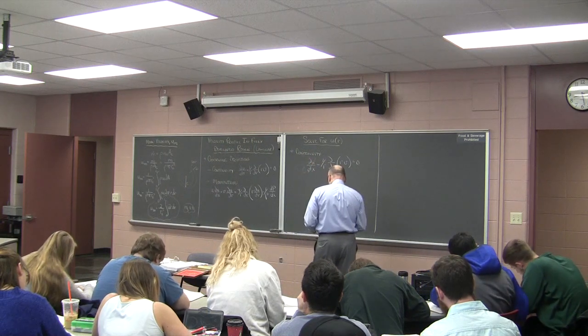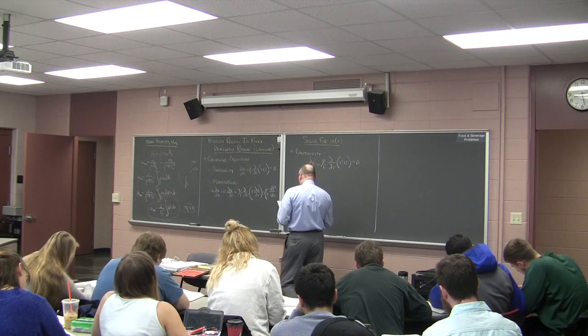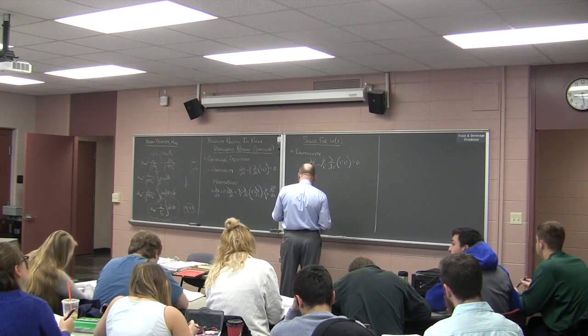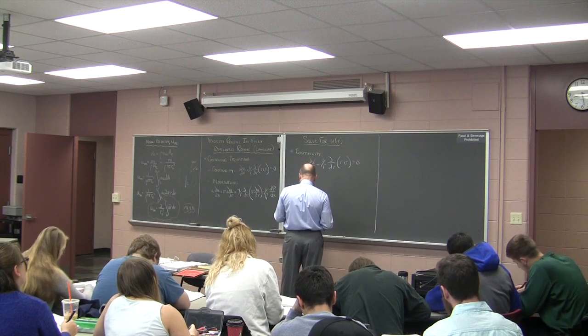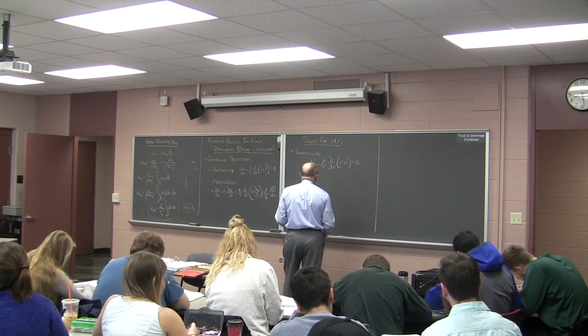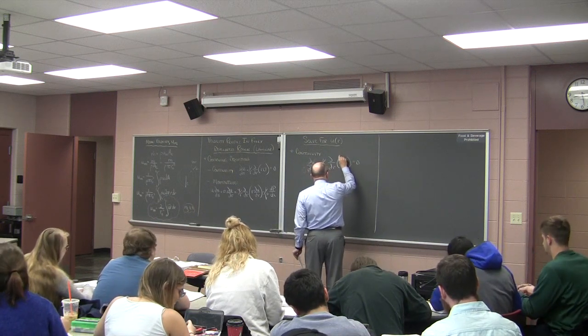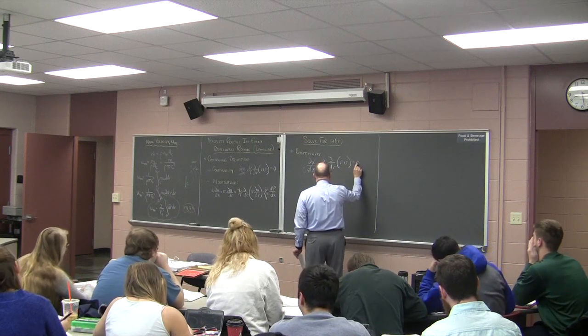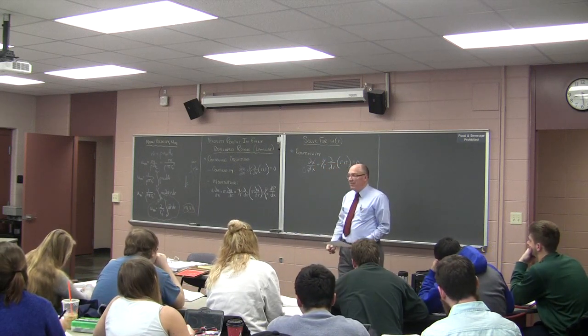All right, so now we can multiply both sides by r, and what are we left with? We're left with this expression right here. The partial of r times v with respect to r is equal to 0. So what does that mean?